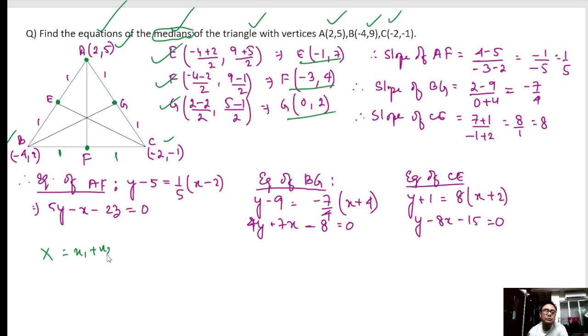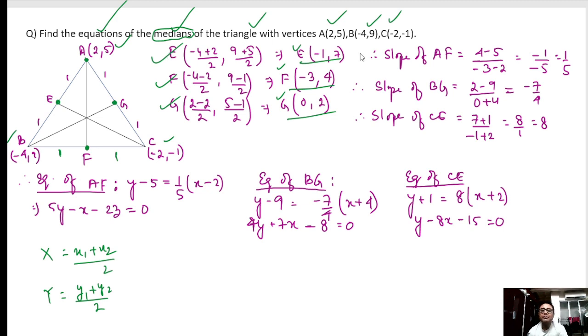x1 plus x2 by 2 and y1 plus y2 by 2. So using this we get the coordinates of E, F and G. Now, to find the equation of the median AF, I need the slope and a coordinate.